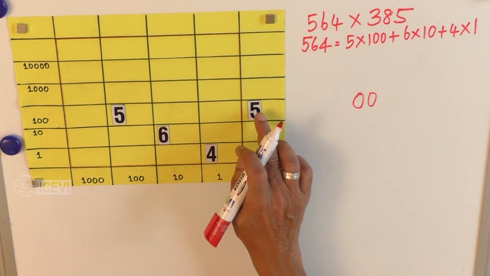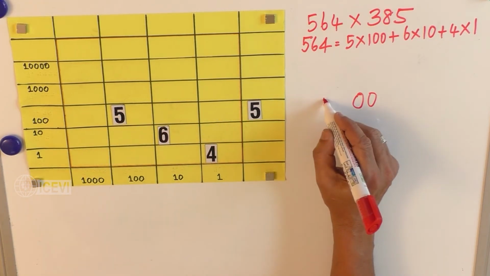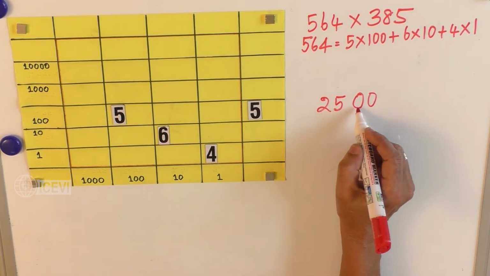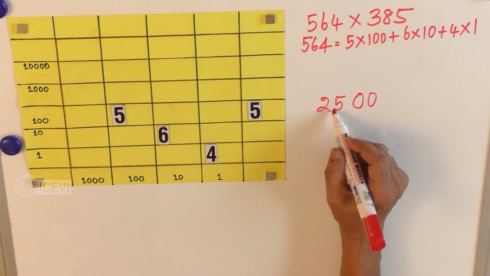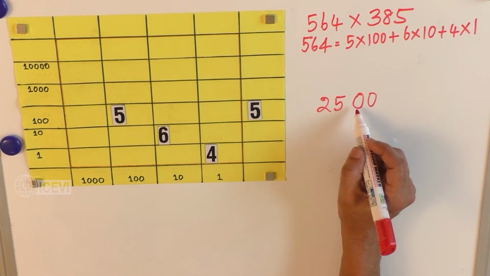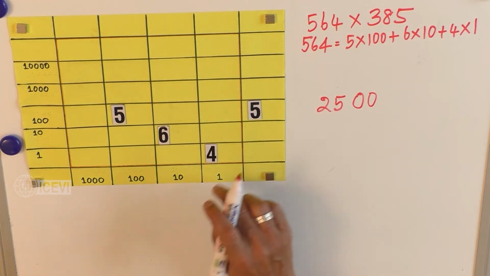And then you multiply 5 with 5. So that is 25, so what we have got here is 2500. We started with the 0, 0 on the right side, and put the 25 to the left of the 0, 0, that means 2500. The meaning is 5 is multiplied with 500.